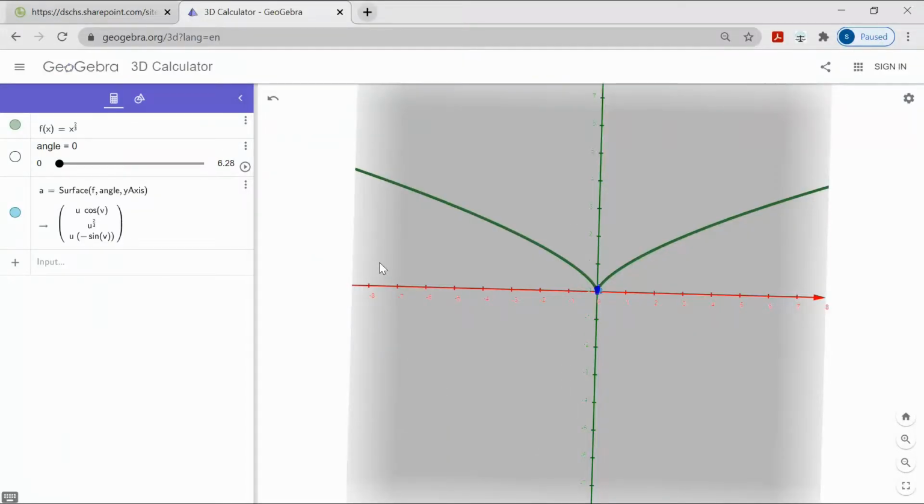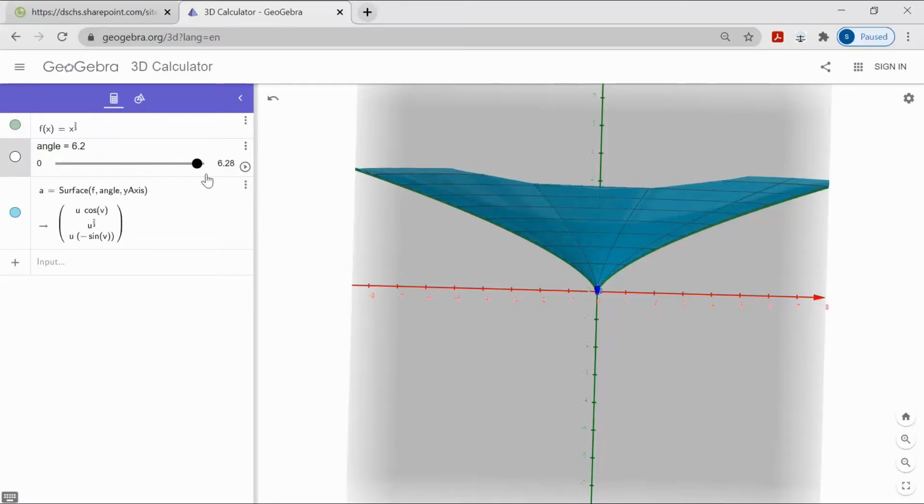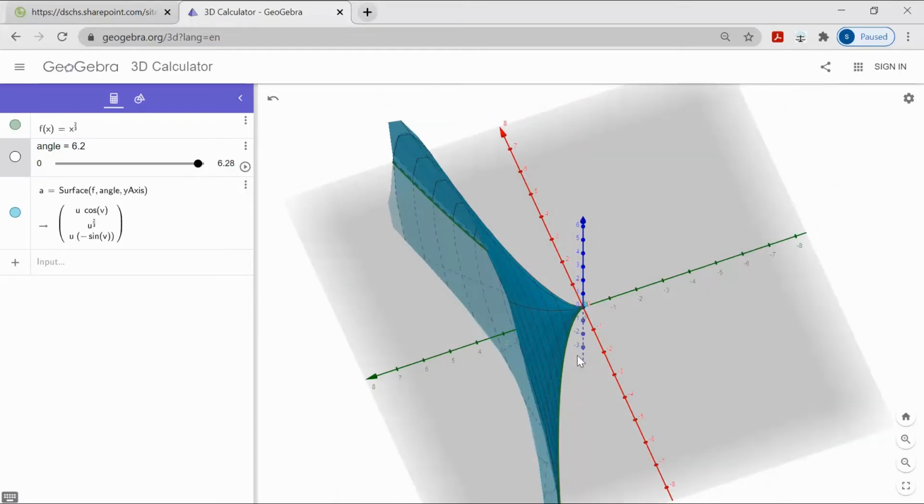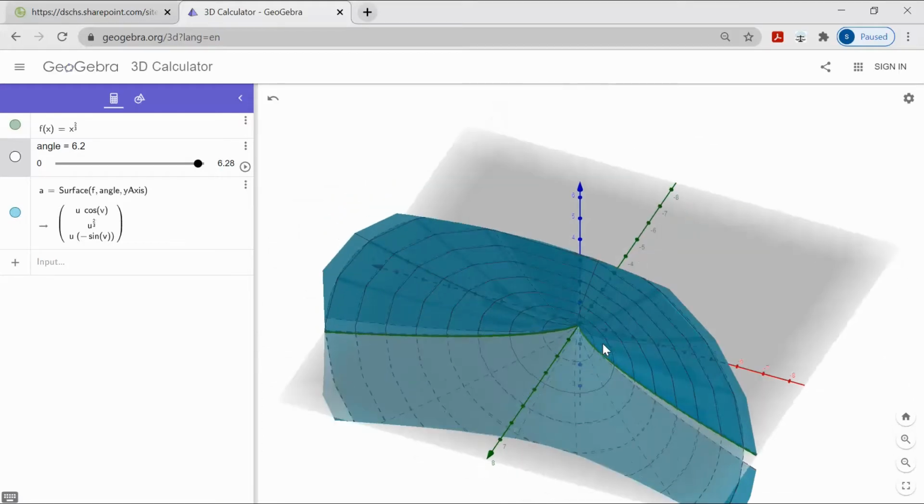If you look at the three-dimensional picture here, this is the graph that I just drew. Let's move this. If you want to find the volume of the three-dimensional solid, you're going to have a graph that looks like this. Now let's rotate it a little bit so you can see the whole picture from every angle.